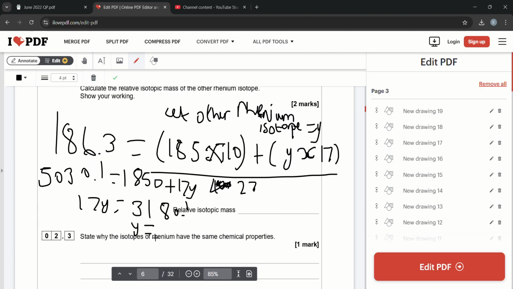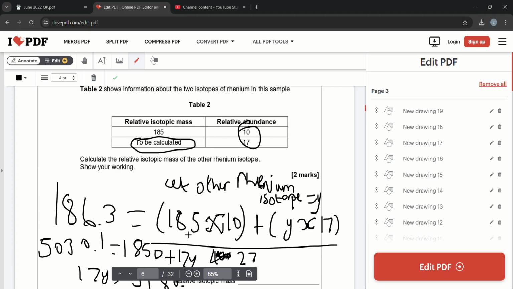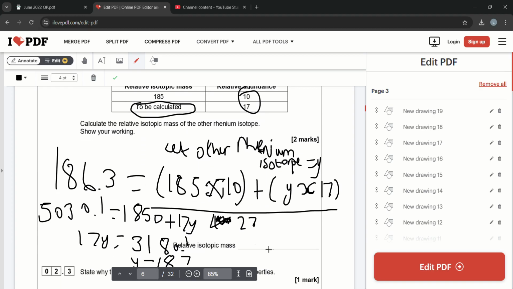Y is equal to 3180.1 divided by 17. Y is equal to 187.1, but we just say 187.